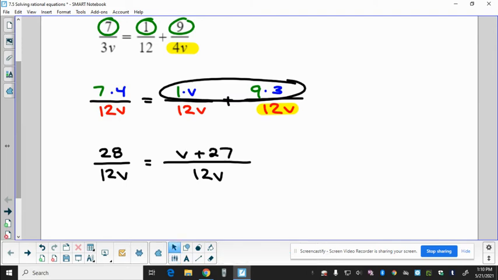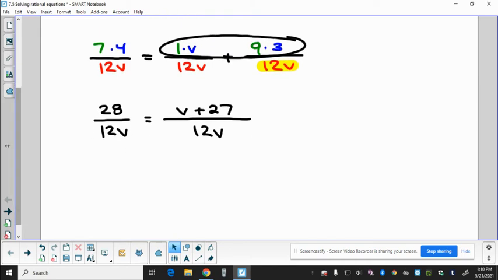And now at this point, I can use another property of equality, like we talked about before with exponentials and logarithms. I have the same denominator, so basically I can cancel those out, and I'm left with an equation: 28 equals v plus 27.